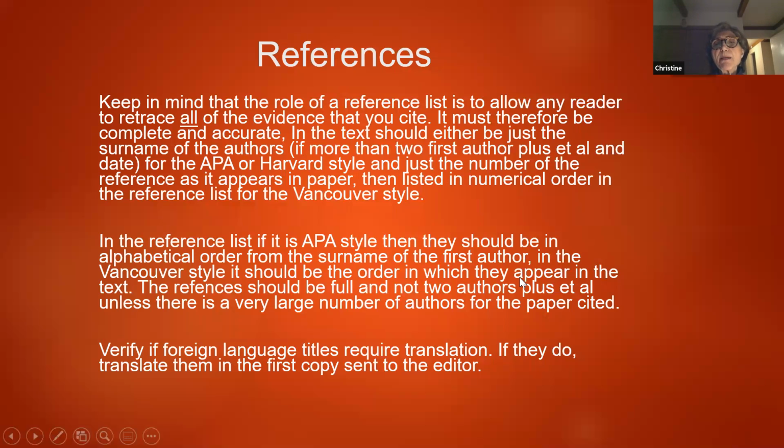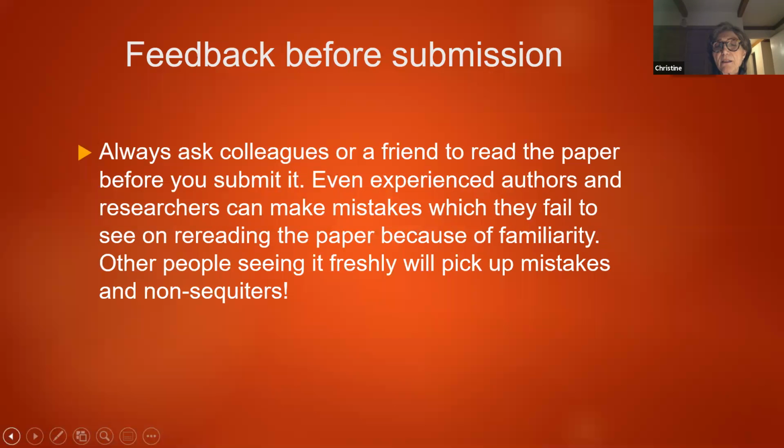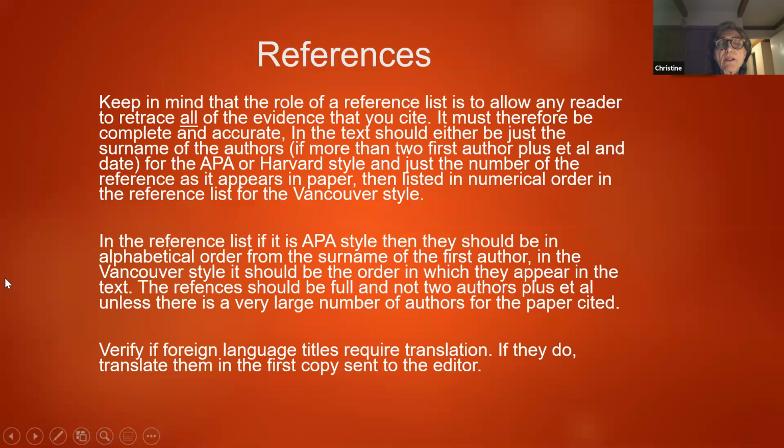Again, the references: make sure they're in the style, like APA style, of the journal, looking at the instructions for authors. Sometimes the instructions for authors are in the hard copy of the journal, or there is a link, or the editor will say, usually in the front of the journal, where the instructions for authors are online.